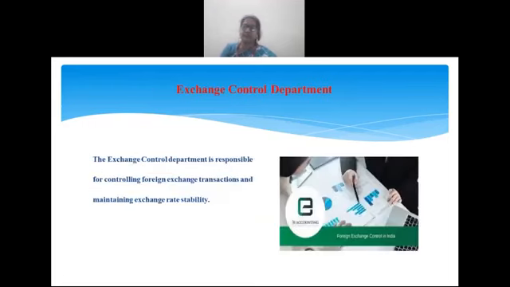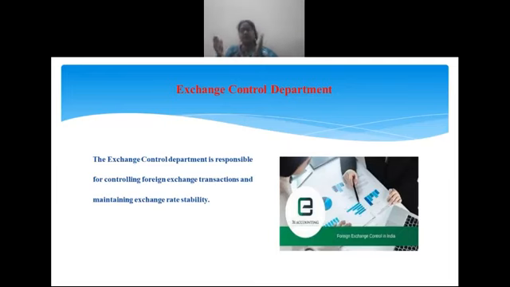Exchange Control Department. What is exchange control? Exchange means foreign exchange only. We are exporting some products and importing some products. When we import, we should pay in their currency. When we export, they pay in our currency.